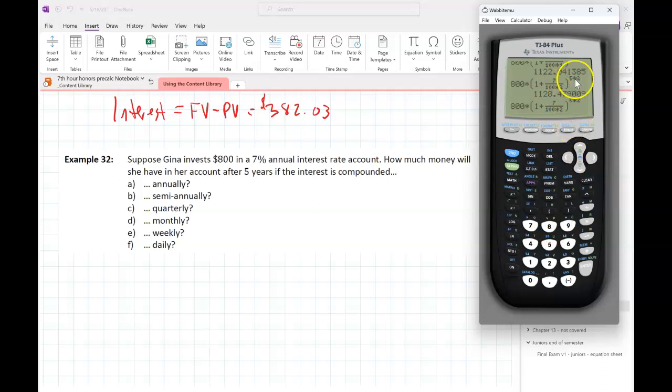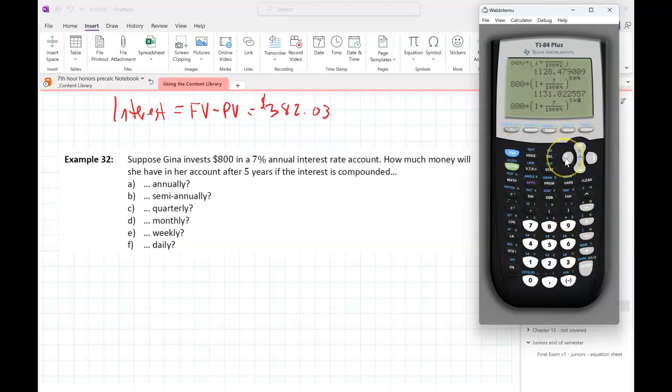So doubling the number of compounds, I went up by $6, right? What if I go from 2 to 4, doubling it again? Look, it's $3. It's still more than the original, now $9 more, but less of an increase.